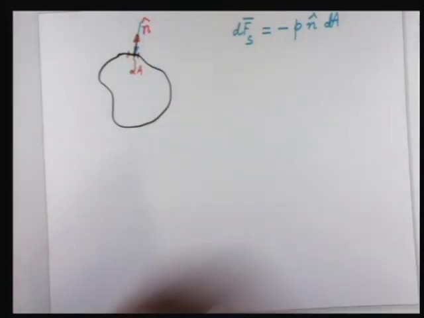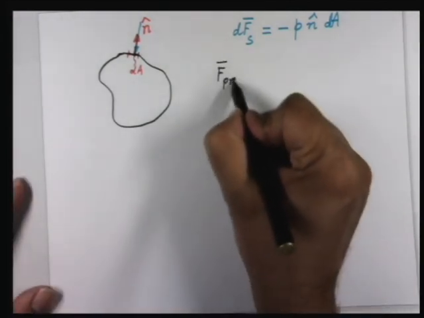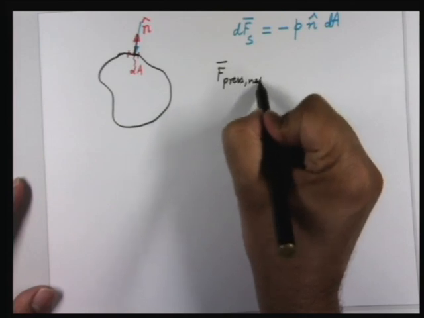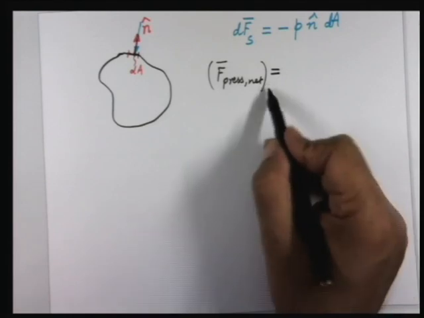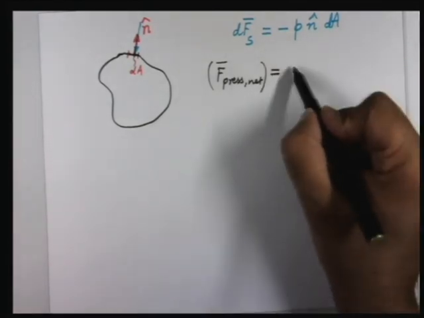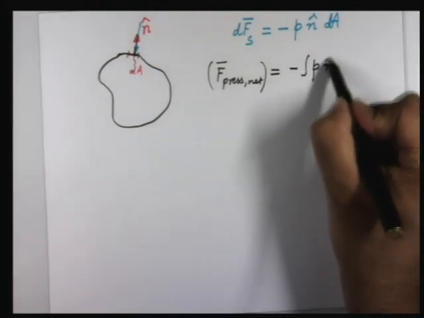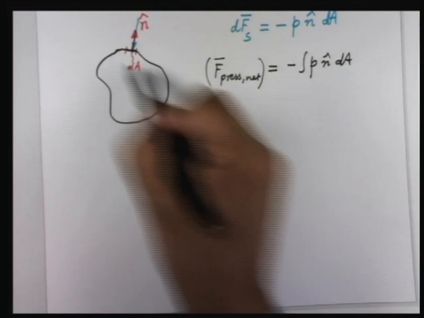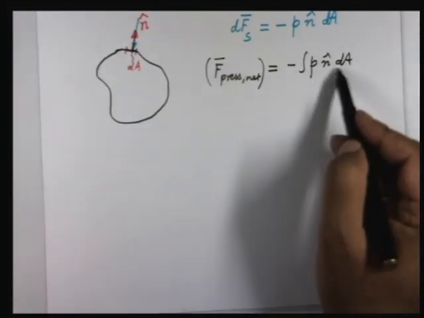Now, what you want is the net force. I am not writing the subscript x, y, z, as I am dealing with vectors. You will get this by integrating over the entire surface. So this is the area integral.